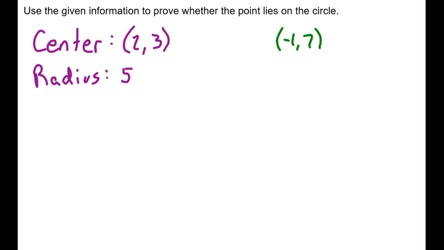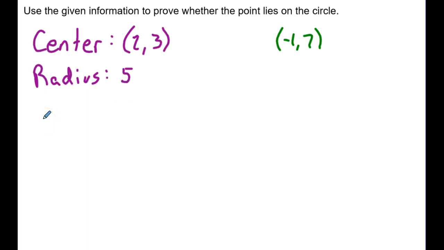To end this lesson, we're going to talk about equations of circles. So we want to use the given information to prove whether the point lies on the circle. The information we have: the center of the circle is at (2, 3), and the radius is 5. We want to prove whether or not the point (-1, 7) lies on the graph of this circle. First thing we need to do is to take the center and the radius and create an equation for this circle.